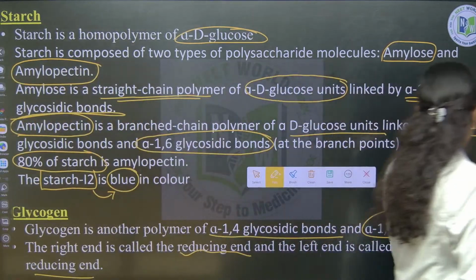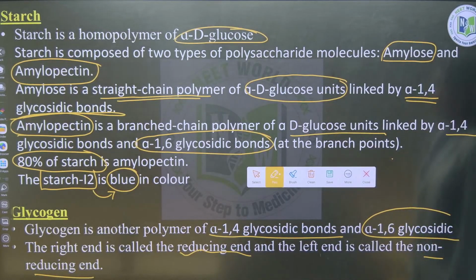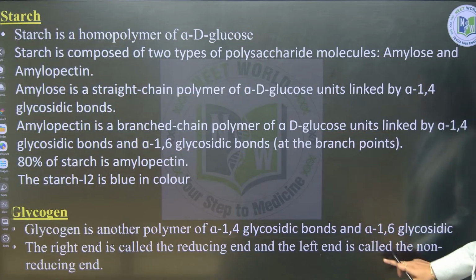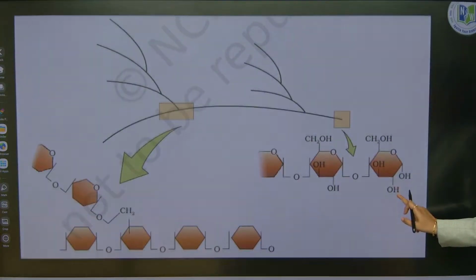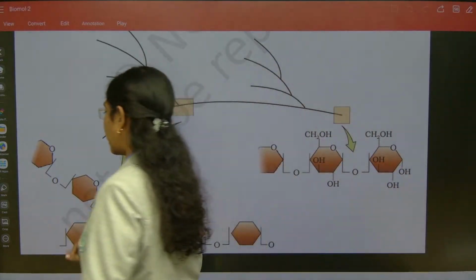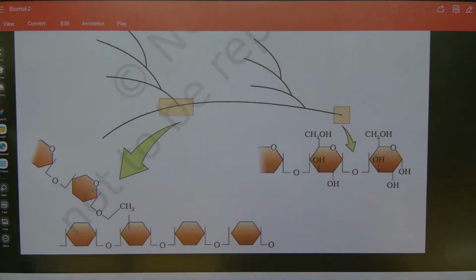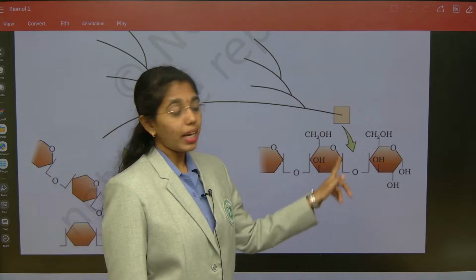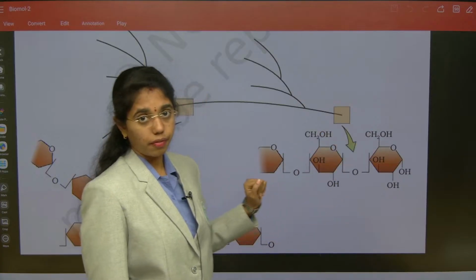This is the direct diagram from your NCERT, where you can see the right end is the reducing end and the left end is non-reducing end. The non-reducing end does not have free aldehyde and ketone groups, whereas here you can see the free aldehyde and ketone groups.